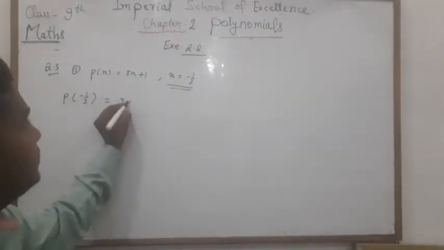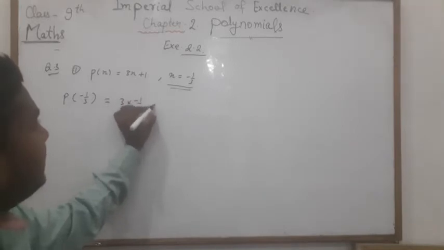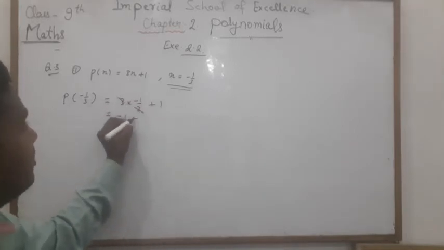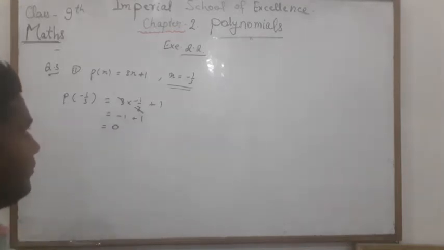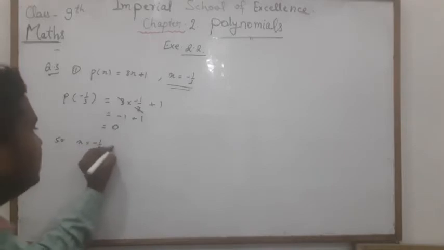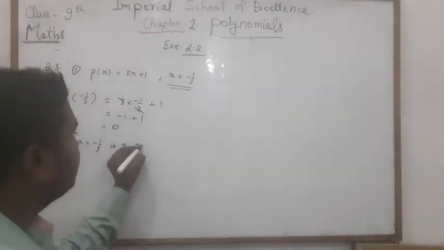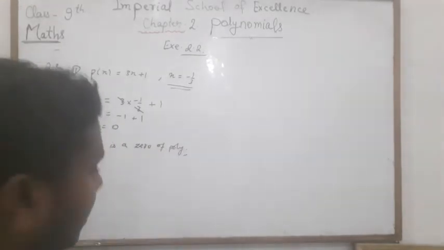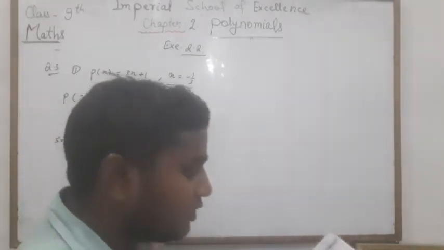Okay, 3 into minus 1 by 3 and plus 1. So this 3 and 3 get cancelled and finally minus 1 plus 1, so it means 0. So यहाँ लिख देंगे x equal to minus 1 by 3 is a zero of polynomial. Okay, hope you have understood.